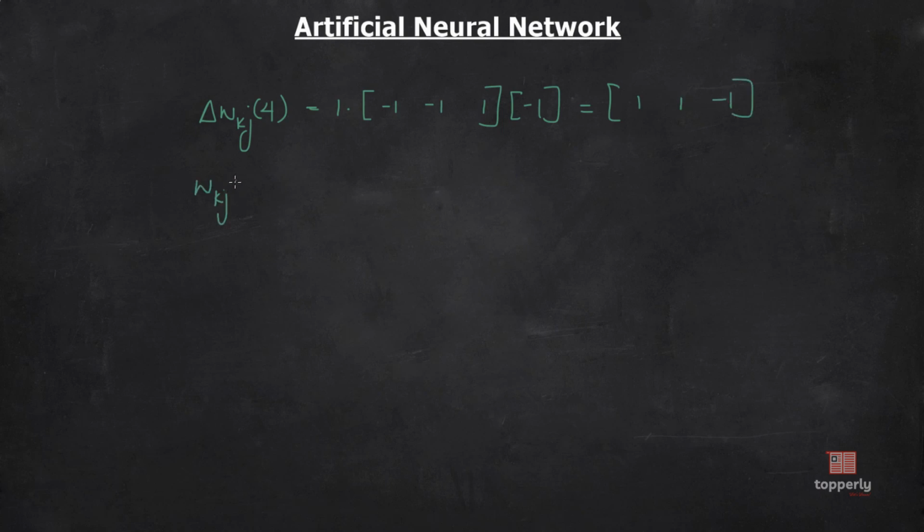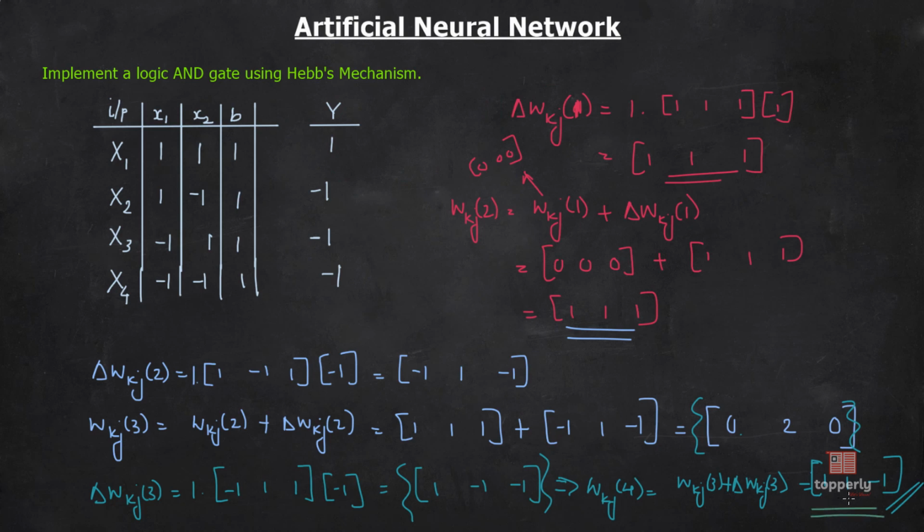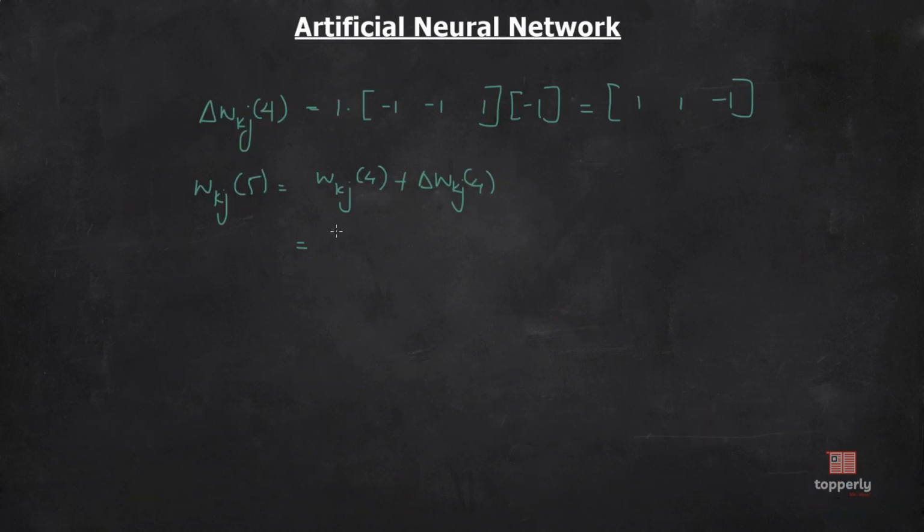And we can write wkj of 5 is equal to wkj of 4 plus delta wkj of 4. And we have wkj of 4 as, see, this 1, 1, and minus 1. Therefore, 1, 1, and minus 1 plus, we have found delta wkj of 4 as 1, 1, minus 1. Therefore, 1, 1, and minus 1, which can be written as 2, 2, and minus 2.